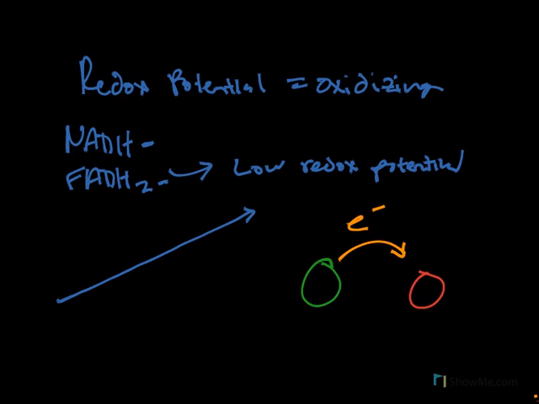So the reason these electrons are being passed on throughout the electron transport chain is because the next cofactor has a greater desire to obtain those electrons. That's something important to note. Remember, the last electron acceptor, the thing with the highest redox potential in the whole electron transport chain, is oxygen, O2, and we'll talk about that in a second.